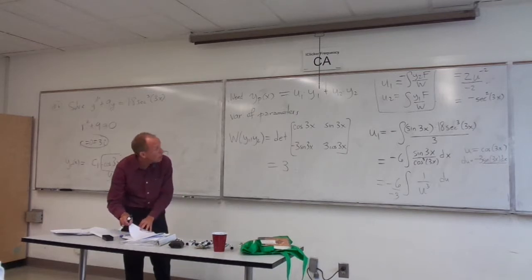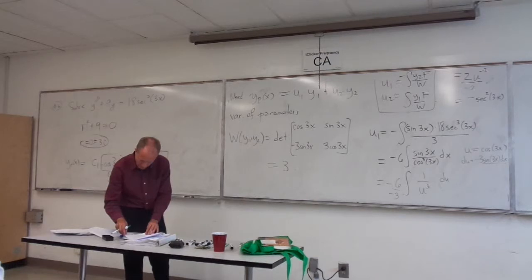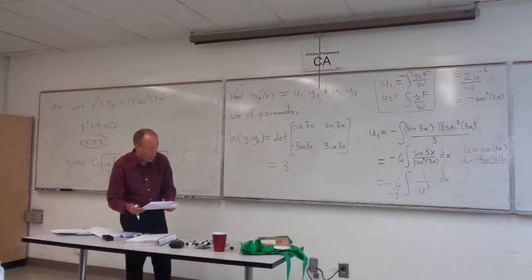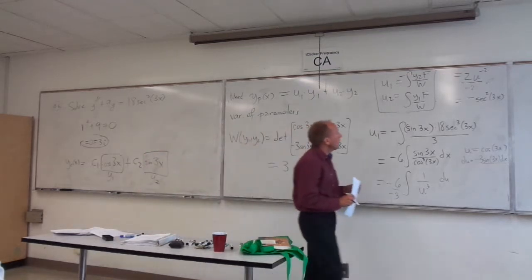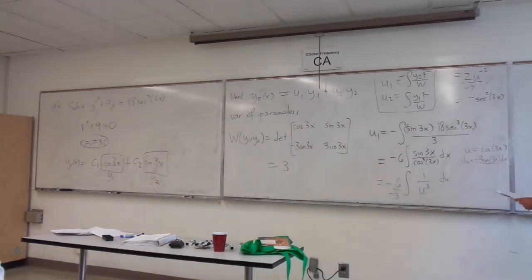Let me just make sure I'm happy with that. Does that look okay to everybody? Okay, so negative secant squared of 3x, I guess that's right. Interesting, because it's not what I have in my answers.